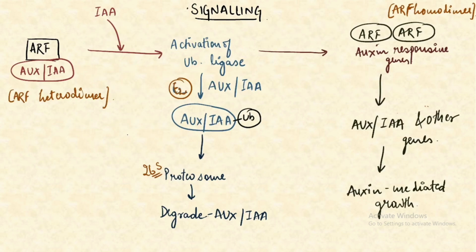So let's understand about the signal. Initially we have ARF, the auxin response factor, bound to the AUX/IAA, which is the inhibitor of this complete signaling.